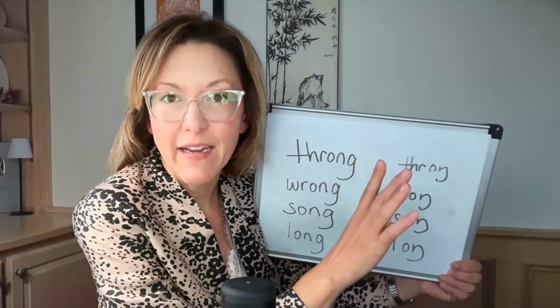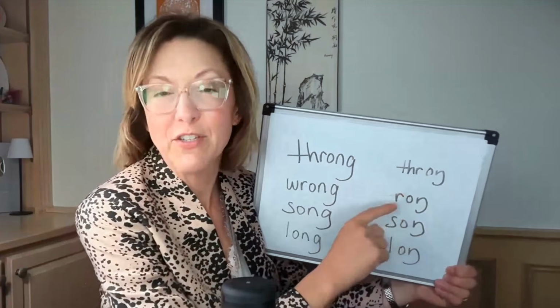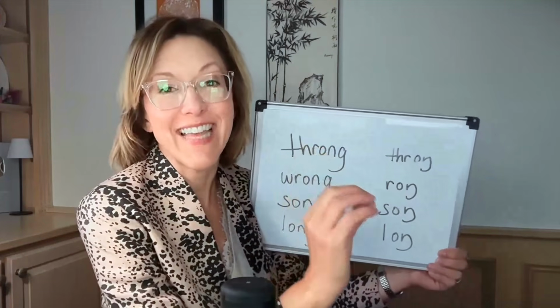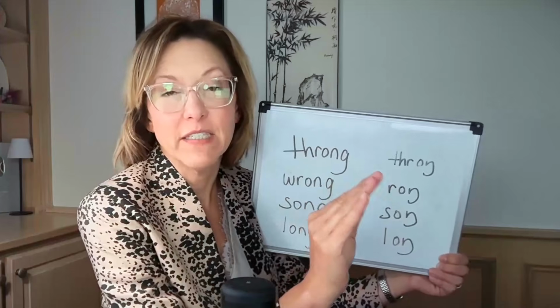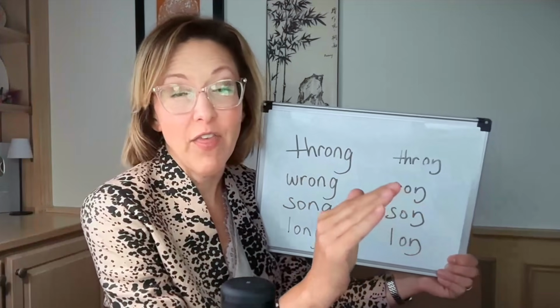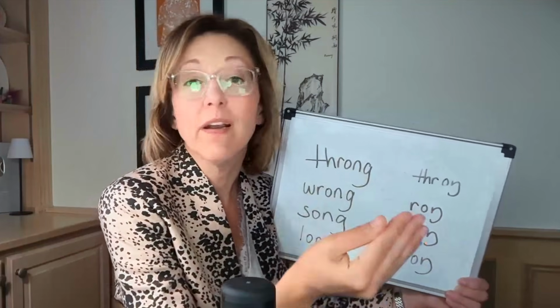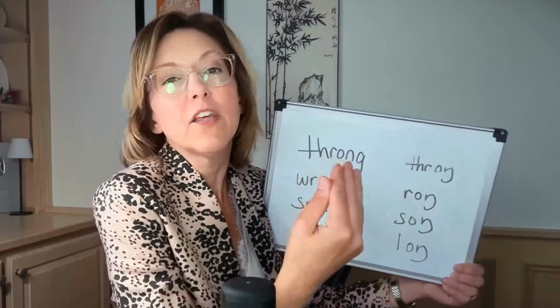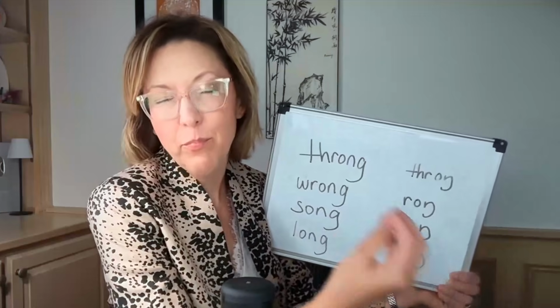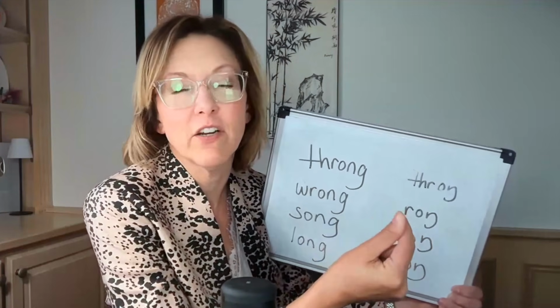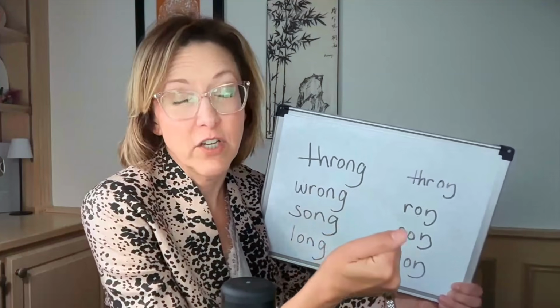Let's add the TH. That's all we're going to do here. Tricky, yes, I know this is a tricky one. So we're going to say the TH. You're going to have the tongue out of the mouth. It is not touching the teeth anywhere. Now, if you are a native speaker, you may touch your teeth, but if you are a non-native speaker of English, I really encourage you, do not touch your teeth.